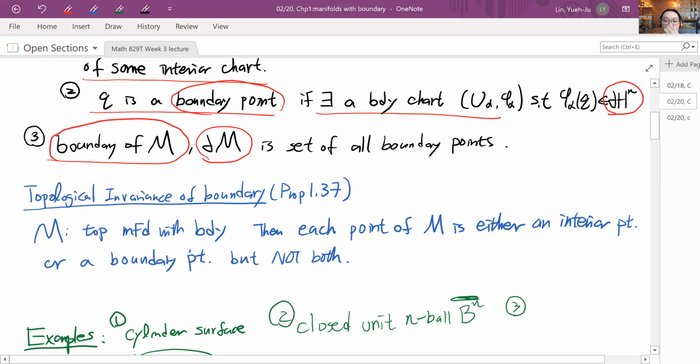You have questions? Yeah. I was wondering, for Proposition 1.38, is there a reason why we didn't talk about part D, that if n is equal to 0, then the boundary is empty and M is a zero manifold? Oh, no, I just thought that people can read it, so I didn't want to specify it.